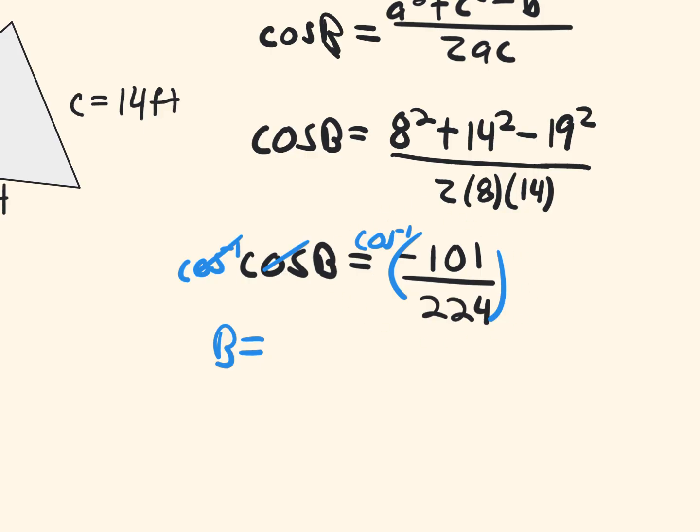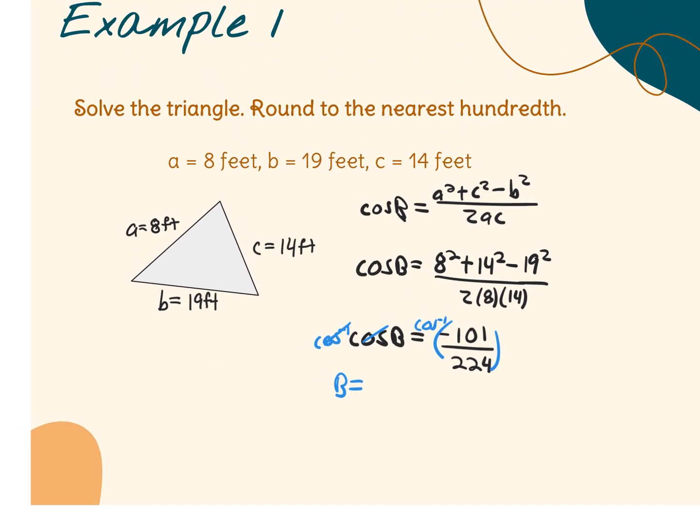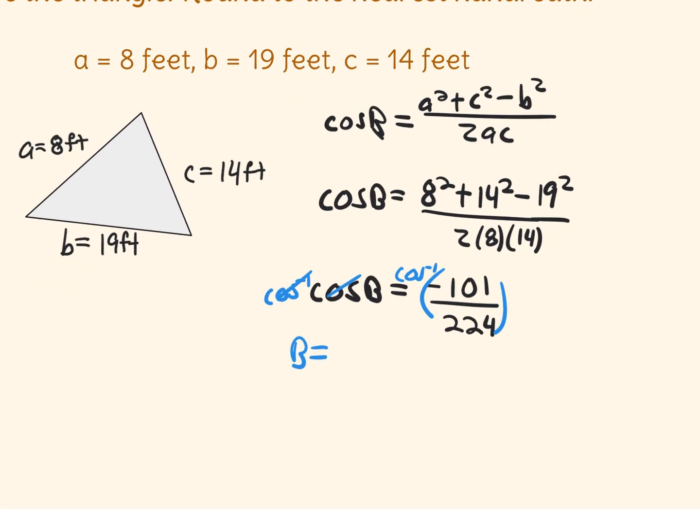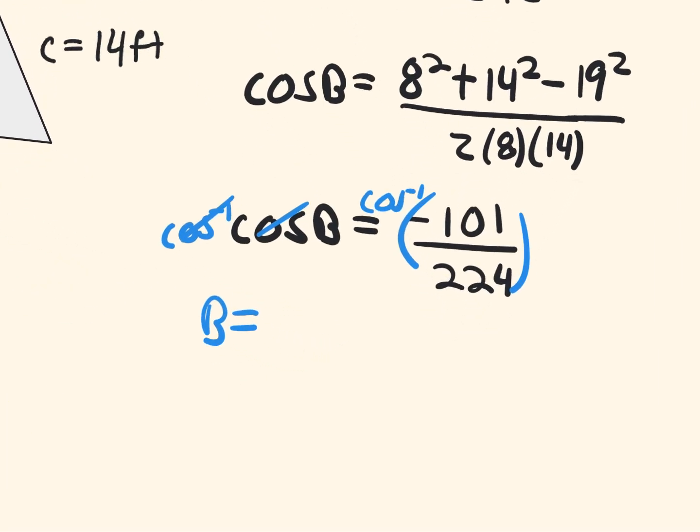So you're going to do cos inverse. Again, keep in mind it's second cosine. So I'm going to do second cosine, and then you're going to type it in exactly as you see it, negative 101 over 224. All right, what do we get? What does it say to the nearest hundredth, right? So 2 decimal places. Nice.